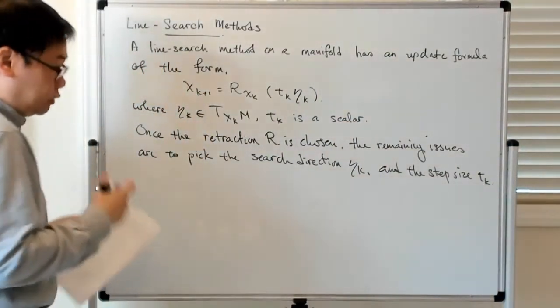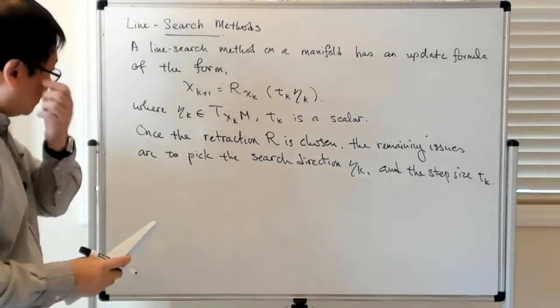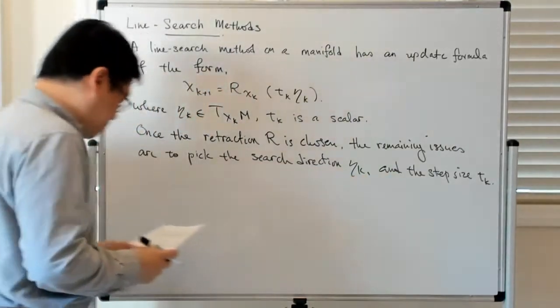And then in order to guarantee that you have global convergence, we need some conditions on these things as well.